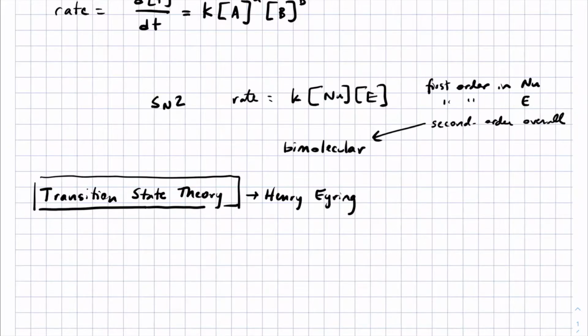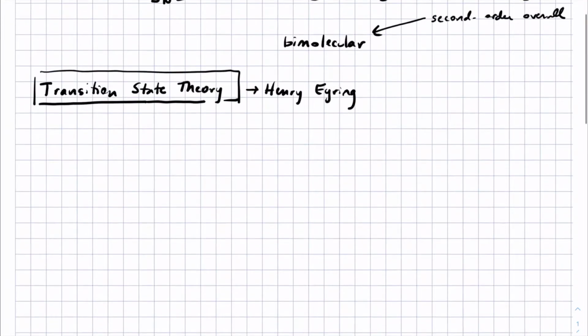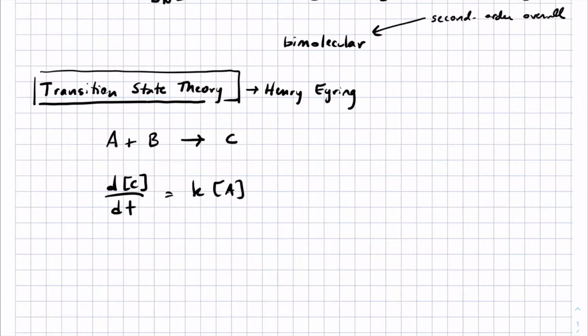But all right. So the basic idea, starting with the reaction A plus B goes to C, of course, you can write a rate law that would look something like this. But Professor Eyring made the connection that you could also represent this as thinking about something going over a transition state to products.